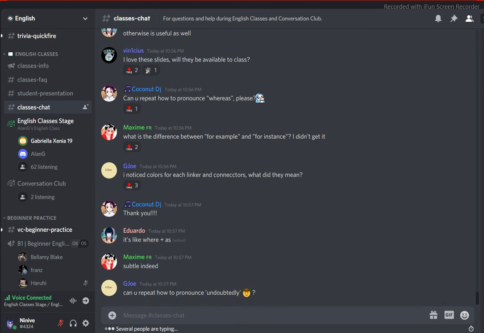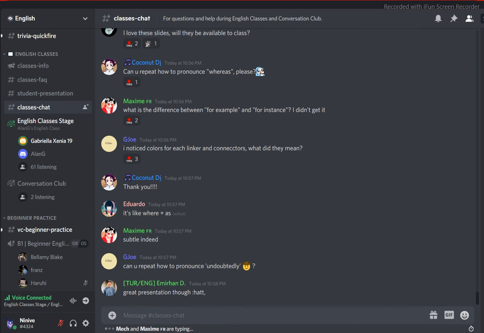Then I noticed colors for each linker and connector. What did they mean? Just to organize the words. The pink ones were the more basic ones, used more in speech, so they aren't so formal.